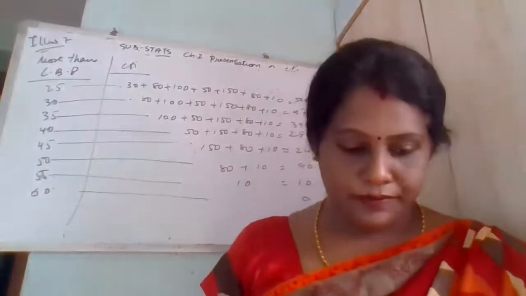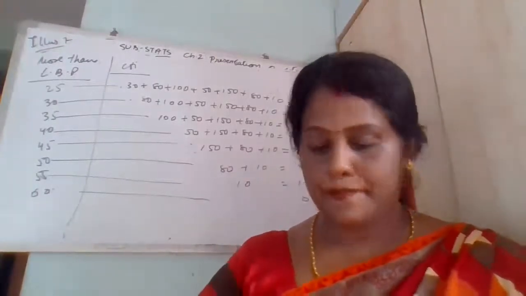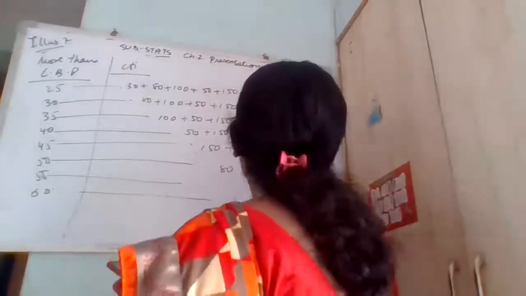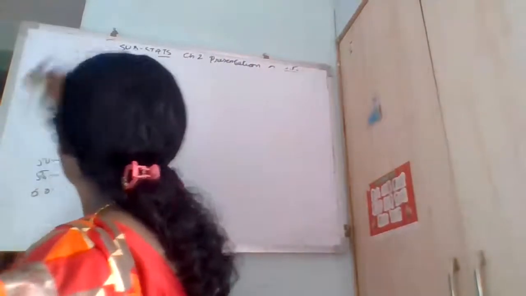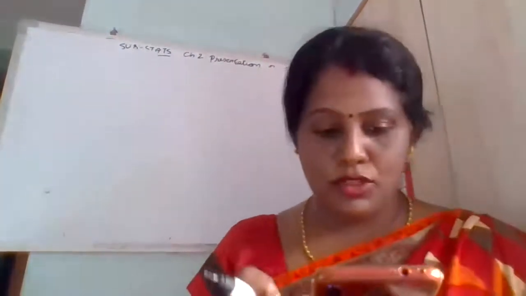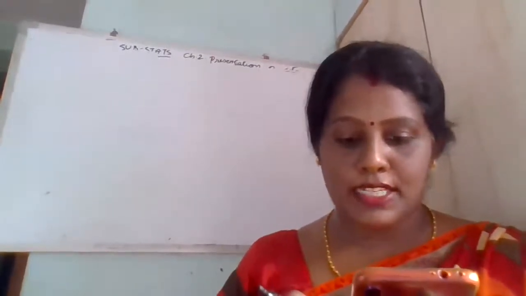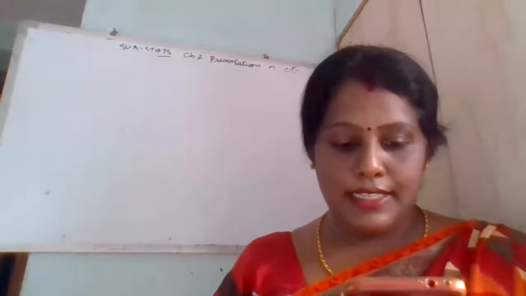Now we will see illustration number 8. The question is: the frequency distribution of a daily demand of rooms of an international hotel during 90 days is as under.